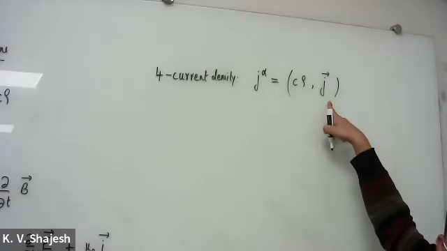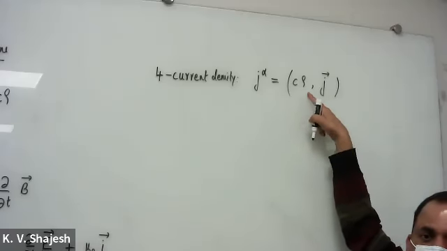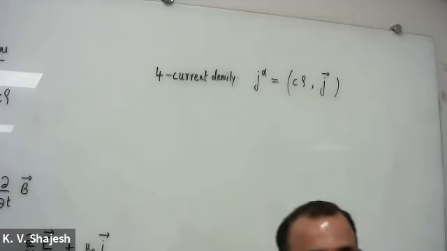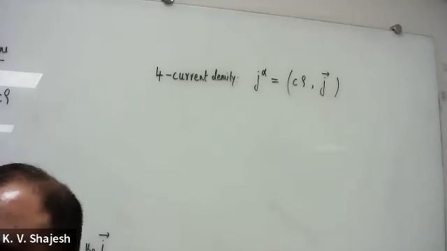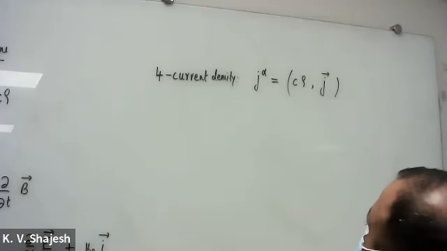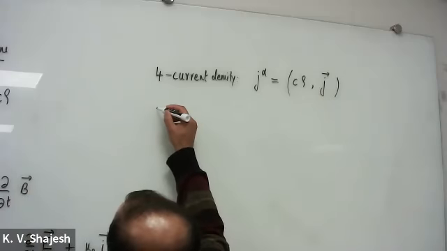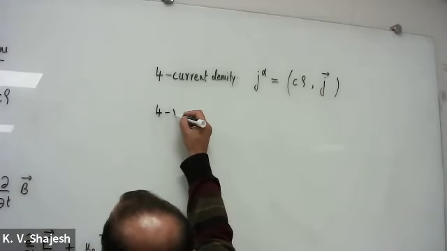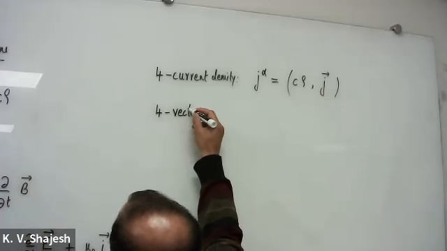Same old current density and charge density, but we put them together, c times rho and J, like position and time.